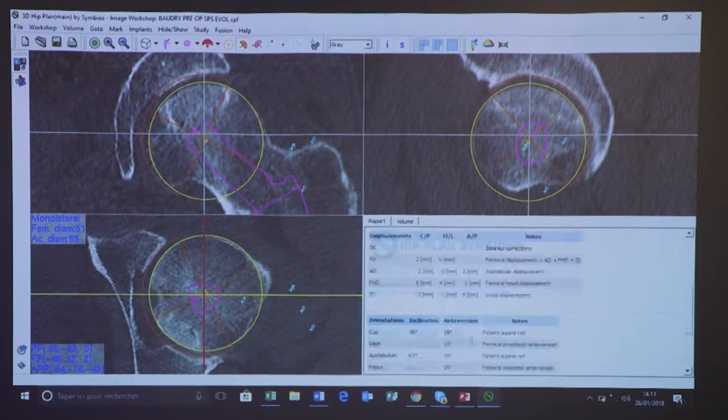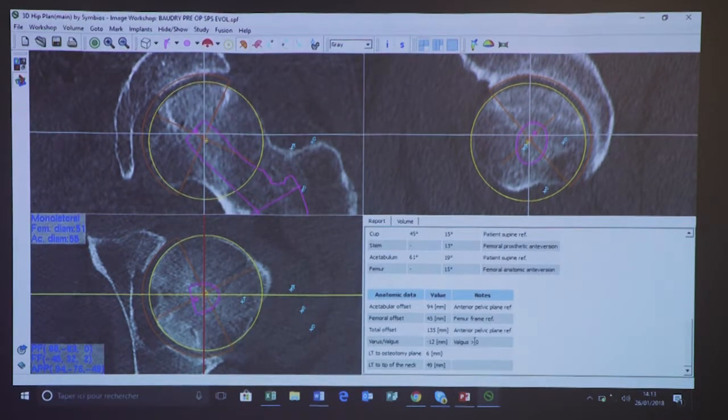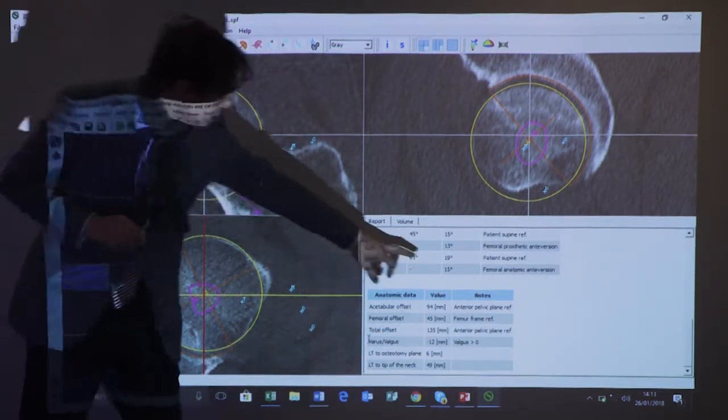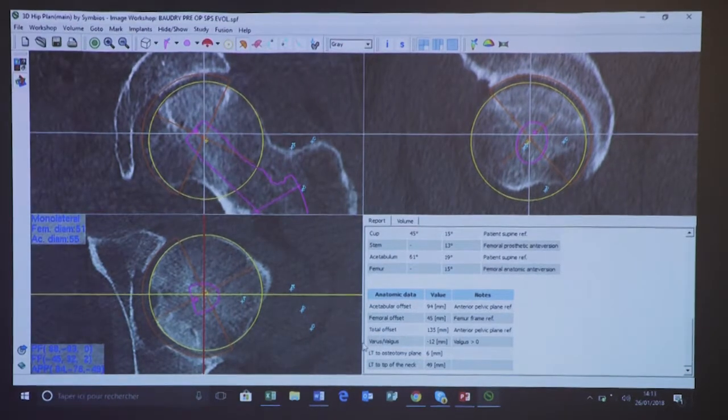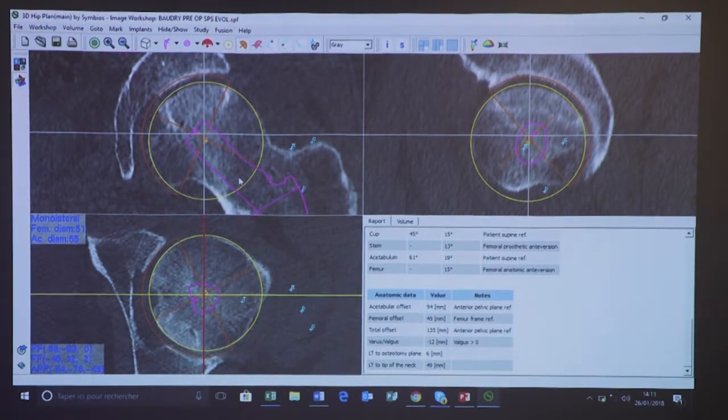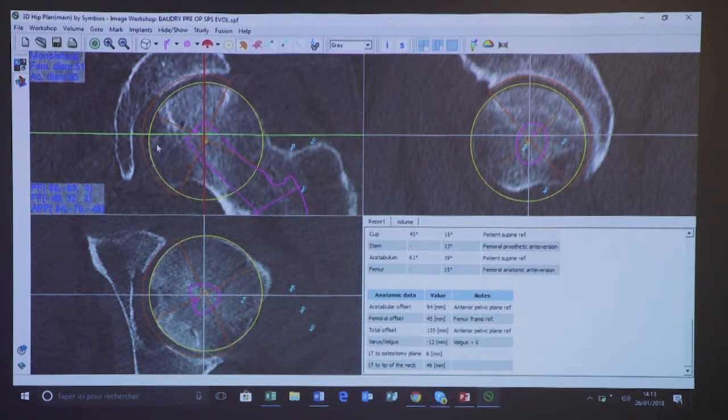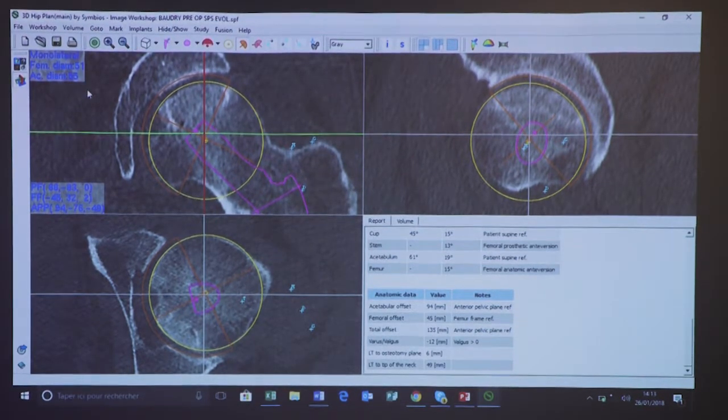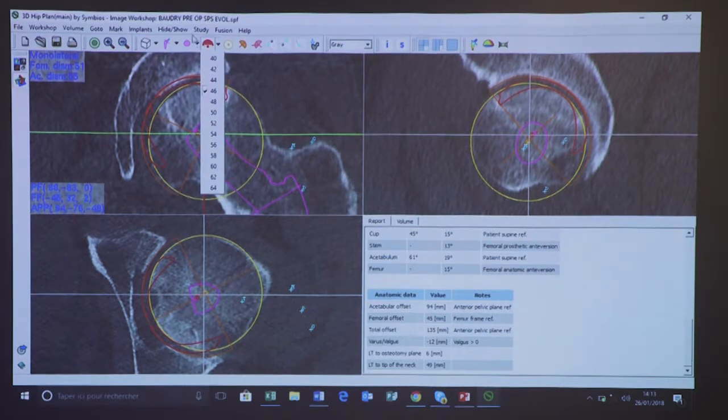And we can see that the anteversion of the acetabulum is about 19 degrees. So quite standard. And the acetabular diameter is about 54 to 55 millimeters. So usually I would test either a 56 or a 54, it depends.